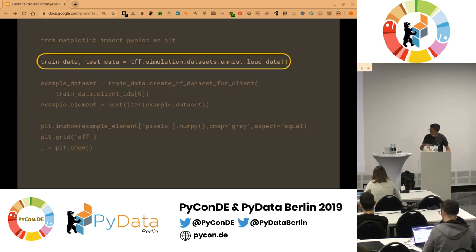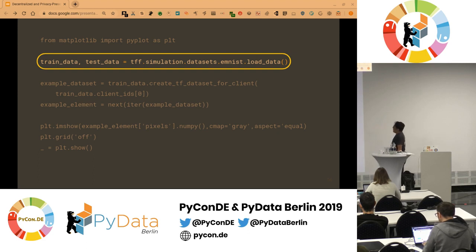All right. So here is a simple block of code that shows how you can load datasets, TFF datasets, and I've tried to play around with it a little bit.